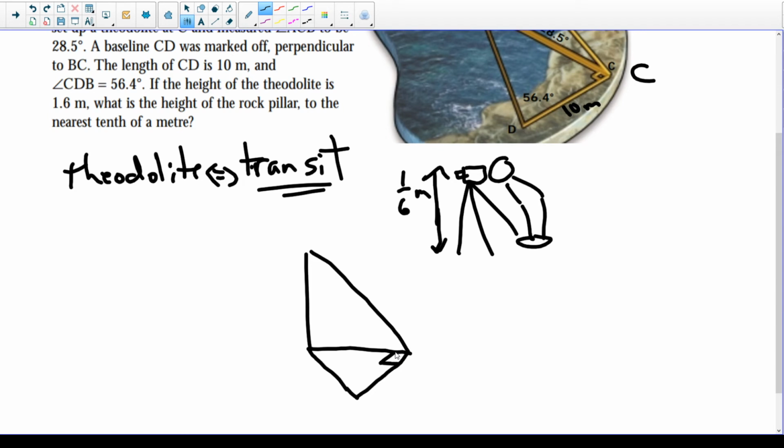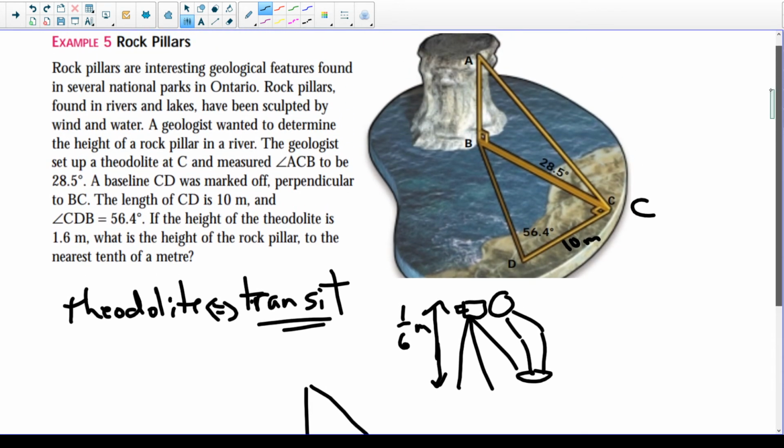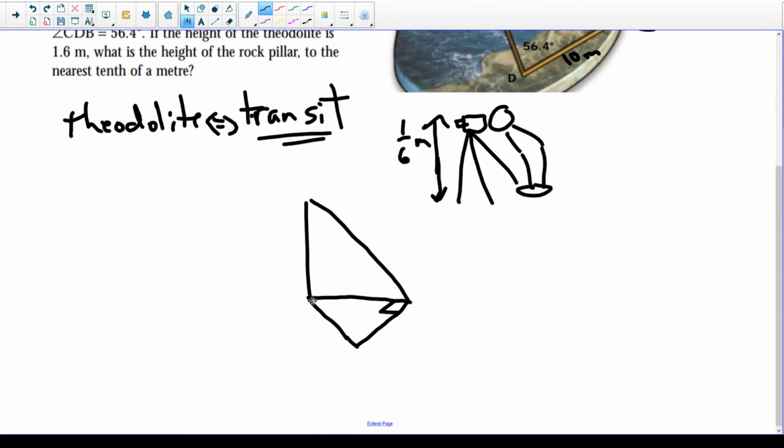It's because of perspective drawing in 3 dimensions that it looks like that, right? So you've got to be very careful when you're looking at diagrams that are in 3 dimensions. It's a lot easier to see it when you're looking at the actual picture that it's in 3 dimensions. But if you just look at that off to the side here, it's hard to tell that that is a right angle right there. Okay.